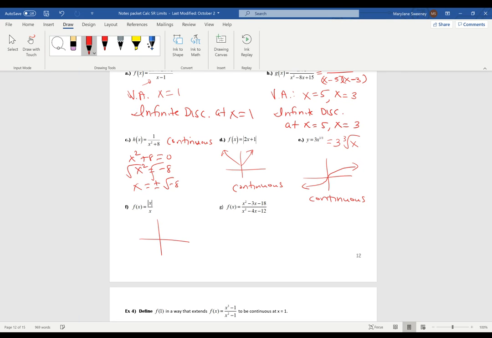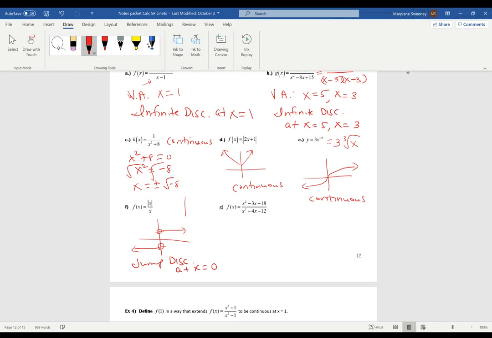This one I think we looked at once before. It looks like this. There is a jump discontinuity at x equals 0. Now, let's say you didn't know what that graph looked like. You could just start putting in values. If I put in 0, it's undefined.